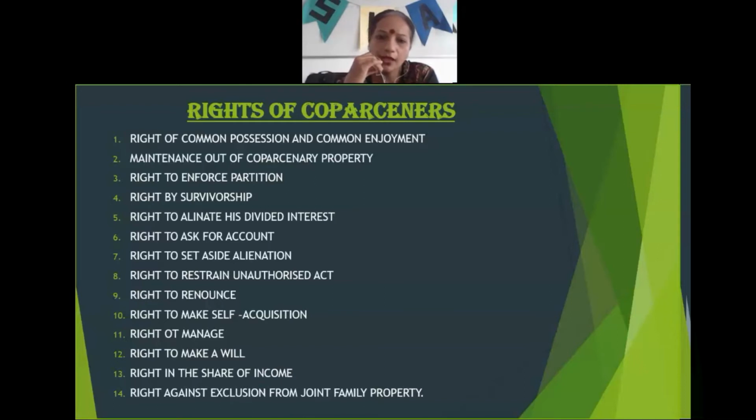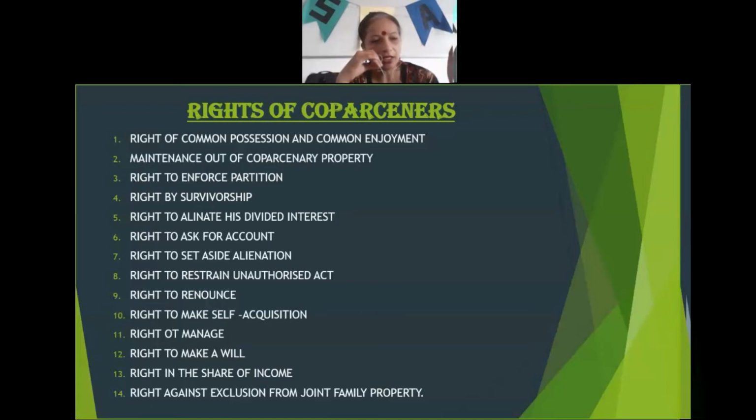Next is the right to restrain an unauthorized act. If anybody who is not authorized to do a particular act tries to do so, for example, if you are just a coparcener, you are not a karta, and you want to mortgage the property, who has the right to mortgage the property? Only the karta, and that too for the benefit of the property and the people.